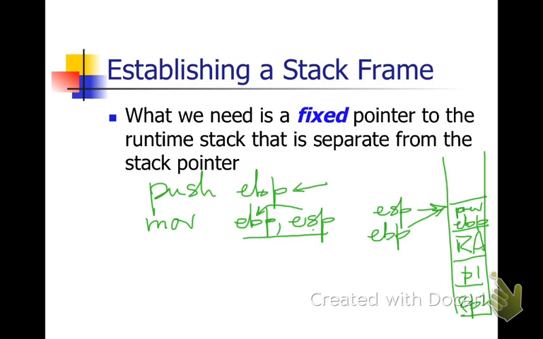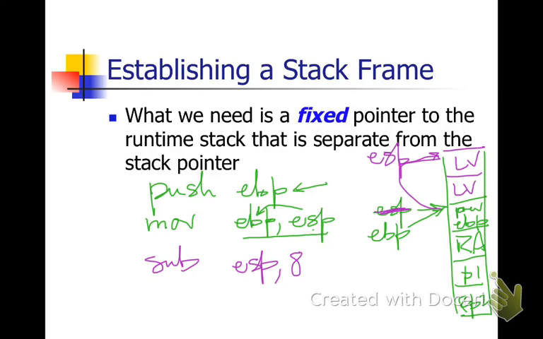At this point, if I want to do some other things, allocate some local variable space, and say subtract from ESP, let's say 8. So here I want to do this and this. ESP, I'm going to pre-decrement it by 8. Now ESP is actually pointing there. Got some local variables on the stack. EBP is still pointing here.